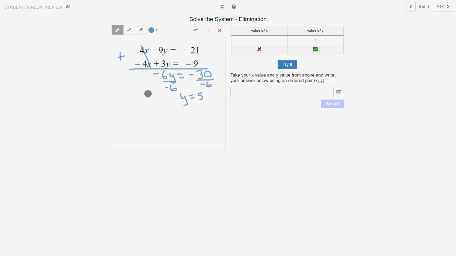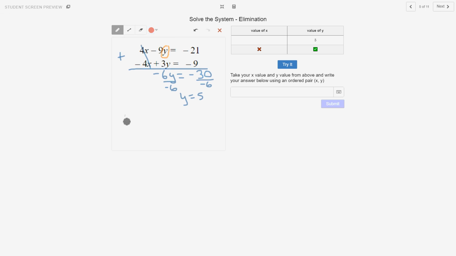And I am correct. Now I need to know x. I'm going to choose the top equation and plug my y in right there. I could choose the bottom equation, and it'll give me exactly the same answer. Let's do this one in red.